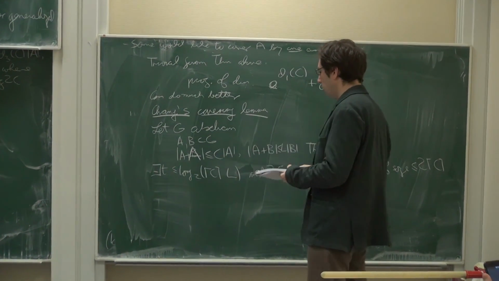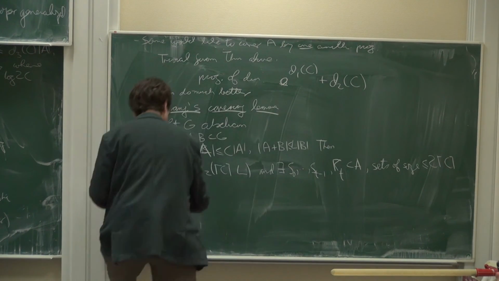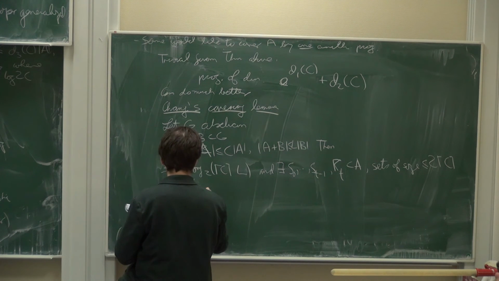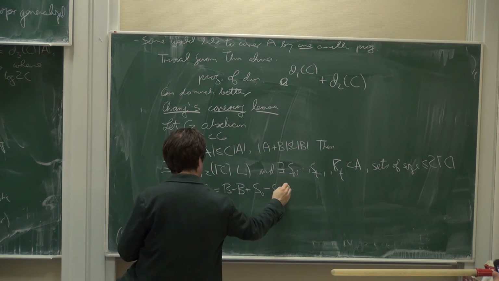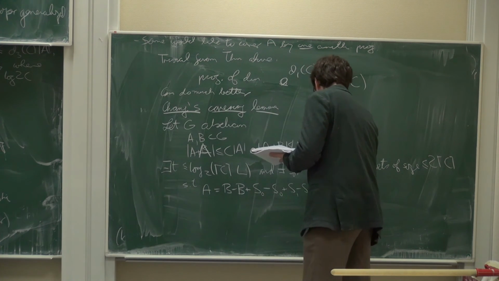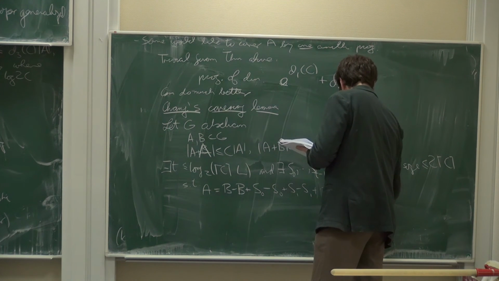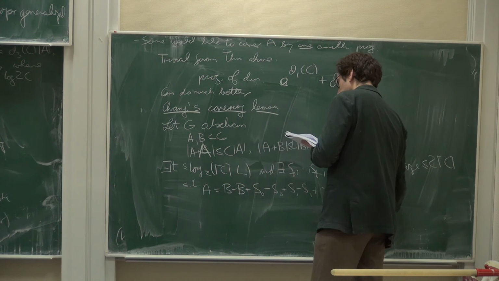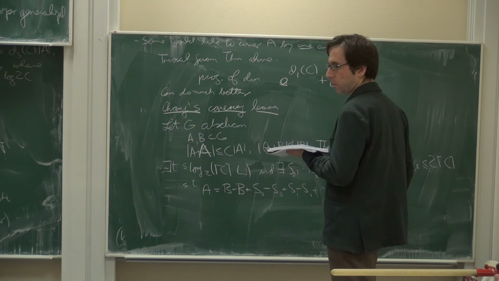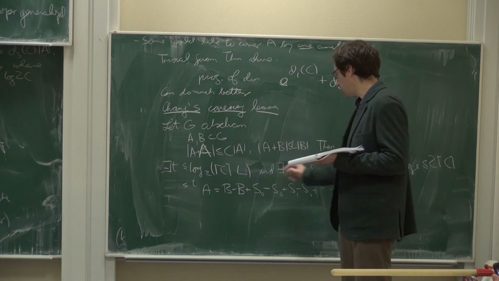So you have logarithmically many smallish sets, pretty small sets in fact, such that A gets covered by B minus B, not plus one set, but plus S0 minus S0 plus S1 minus S1, and so on, by several smaller sets. So as you see, this is like Ruzsa's covering theorem, but it is much more structured.